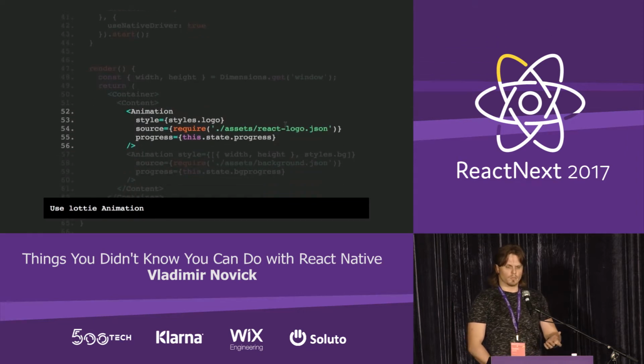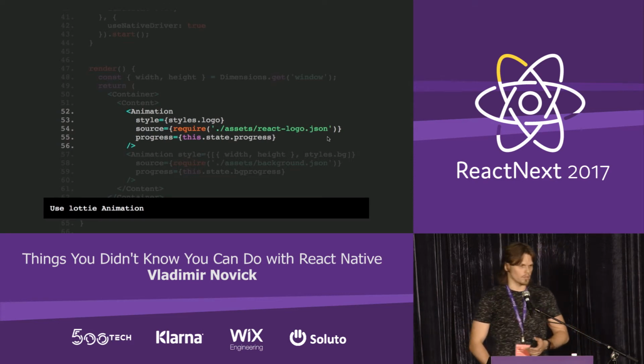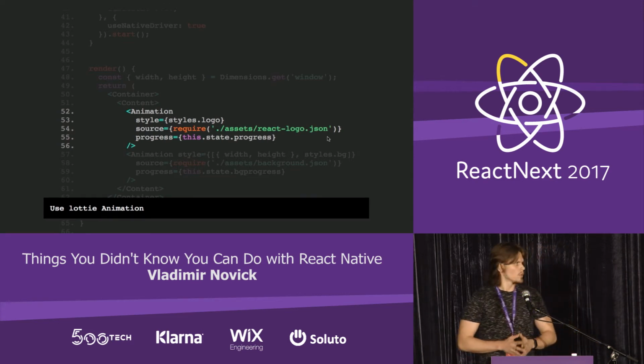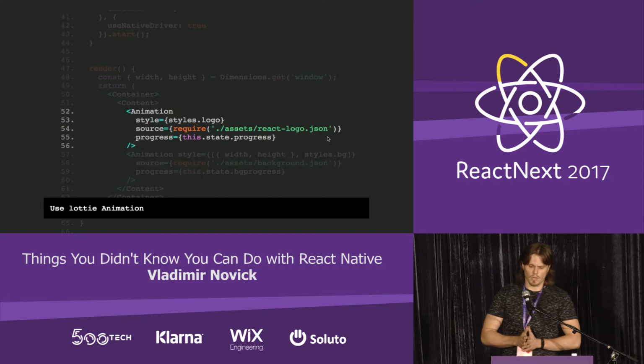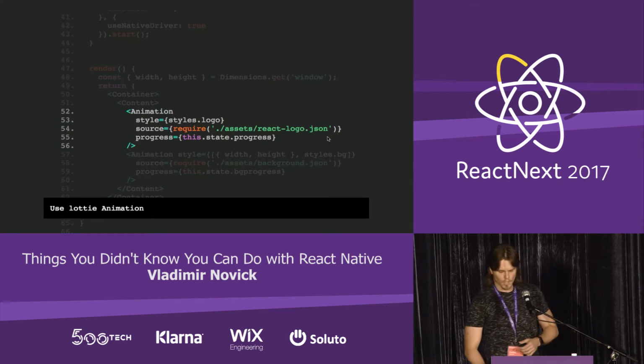And we simply put our animation component with the JSON. And it simply works, right? So it's an amazing library. It also gives you the ability, instead of the declarative way, to call animations imperatively. But usually, if you're in the React world, you want to make things as declarative as possible.